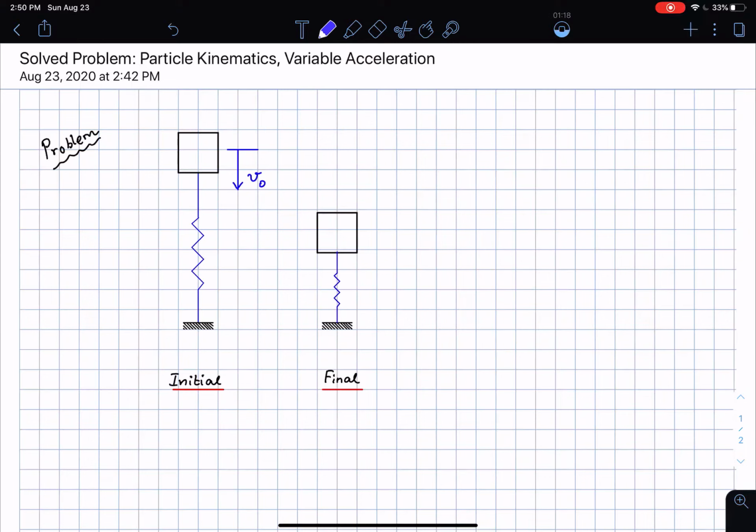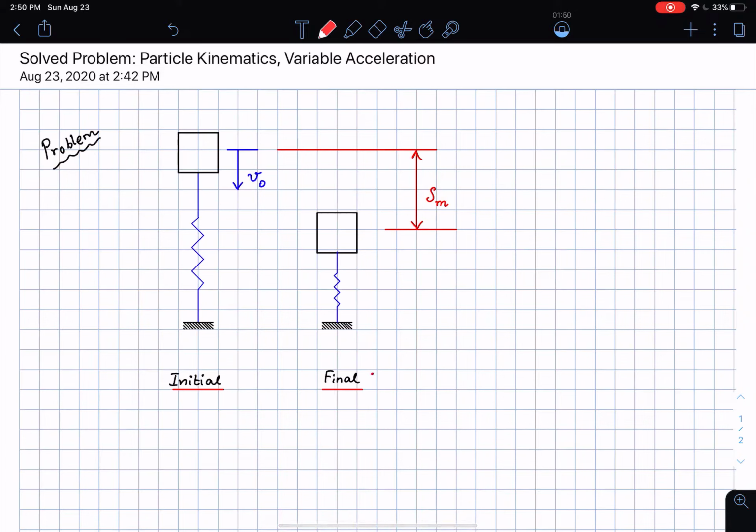Which means that in this final position, this is compressed to a certain distance, and this distance is given as sm. I'm going to mark the distance starting from here all the way on to here. This is not necessarily the final position, I'll tell you why. This distance is given to us as sm. Now, this is not the final position, but this is the position before the box actually retracts back.